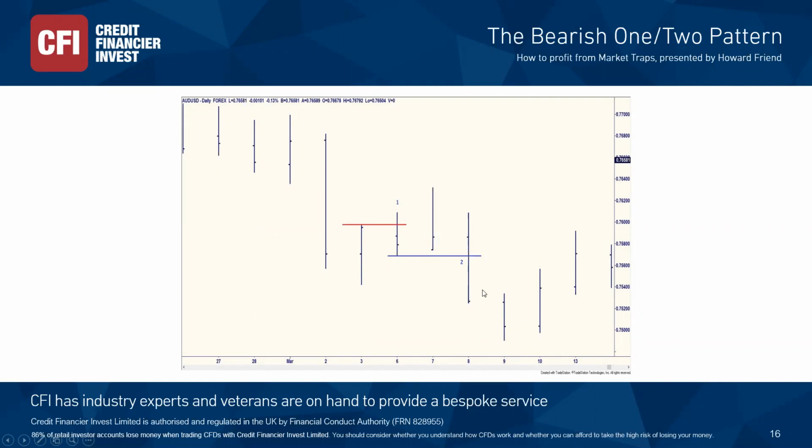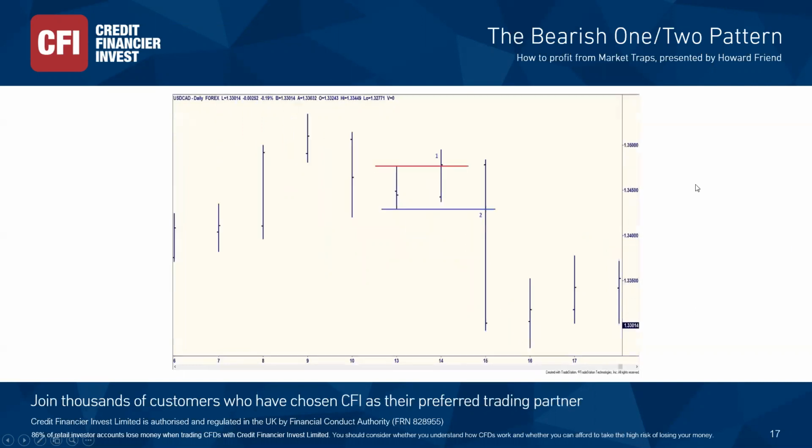Boom, boom, double thrust. Close under previous bar's low, close under previous bar's low. This is your profit potential on the trade. And as I say, very often the market, after seeing a double thrust, likes to reverse, so a good place to think about closing out your profitable short positions.